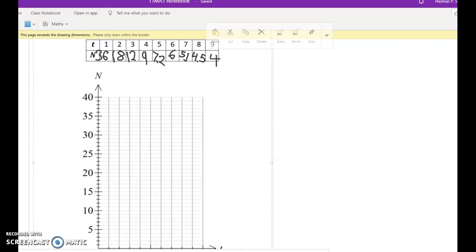So then graphing that here, we're going to see that it decreases pretty steeply to begin with, and then sort of flattens out as it goes. So 1 at 36, 2, 18, 3, 12, 4, 9, 7.2.